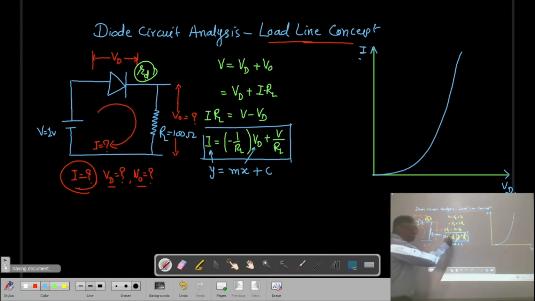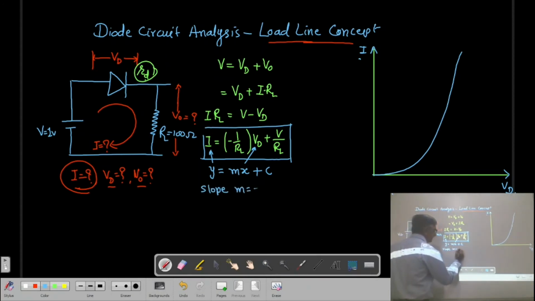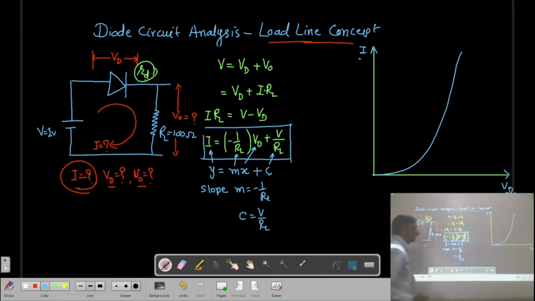So minus 1 upon RL is representing what? The slope. So here the slope of the line, m, is equal to minus 1 upon RL, and the intercept of the line on the y-axis is V by RL. So c is equal to V by RL. What does this mean?